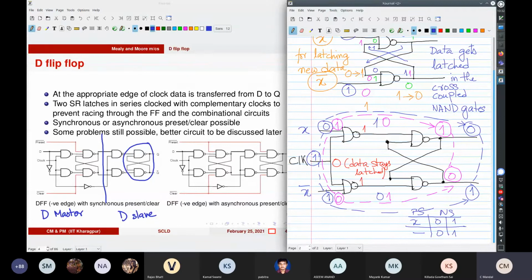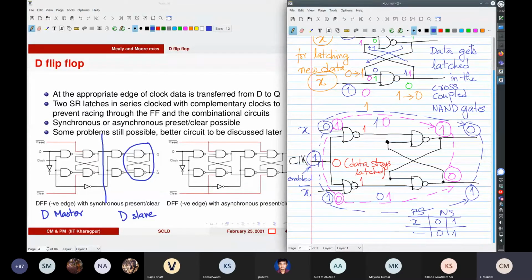Okay, so this is enabled. When the clock is 0, no transfer happens. It doesn't react to the input.